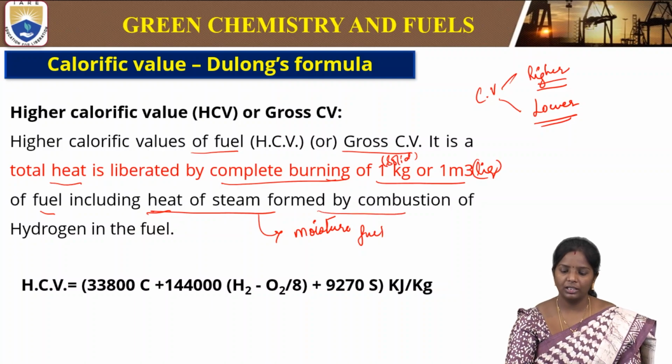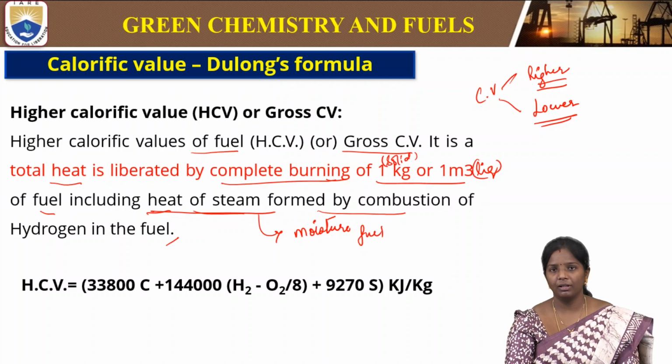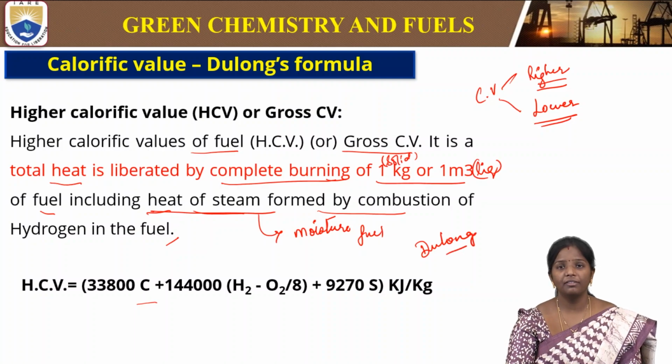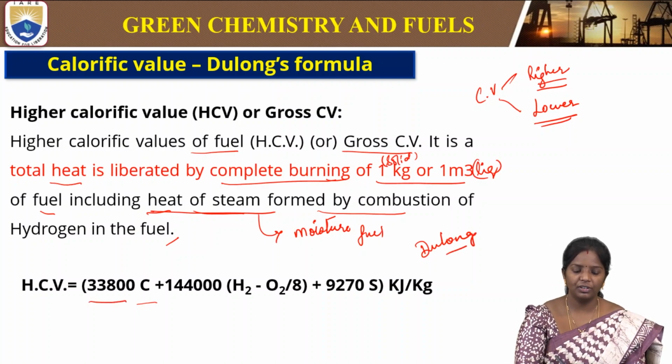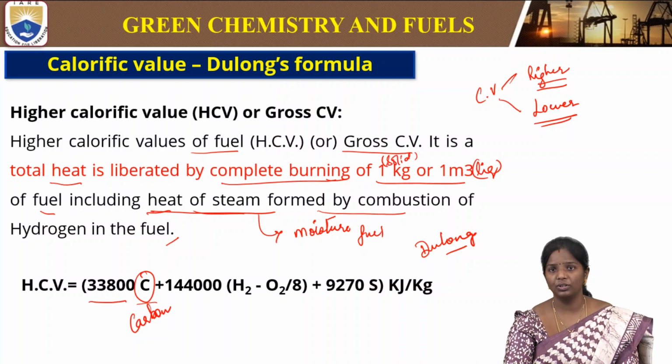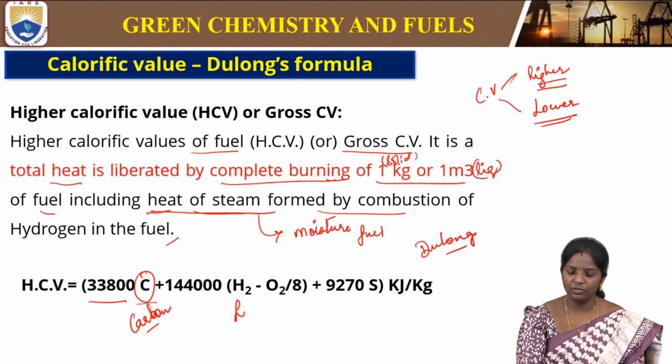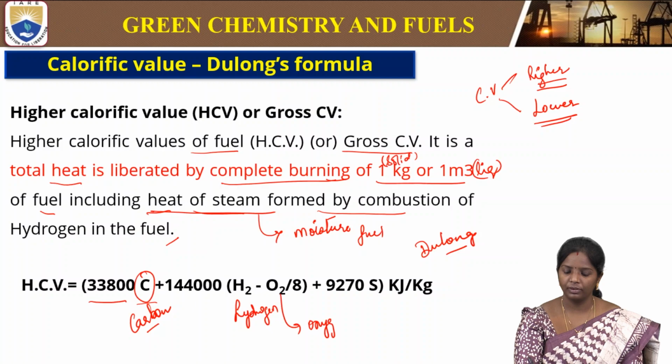So how did we get this? The heat of steam formed by combustion of hydrogen in the fuel. This is given by a formula by the scientist Dulong. He proposed this formula after several experiments. C is carbon, and these are the main constituents of any fuel: carbon, hydrogen, oxygen and sulfur.